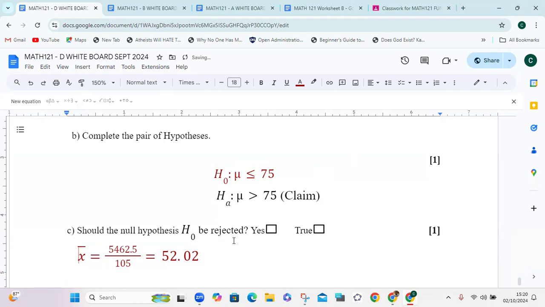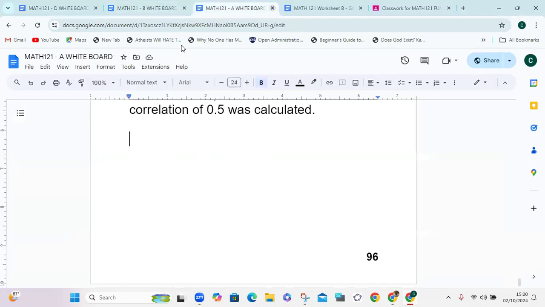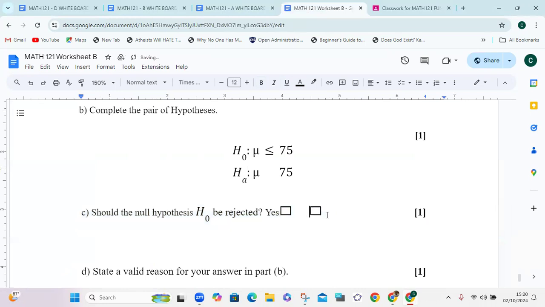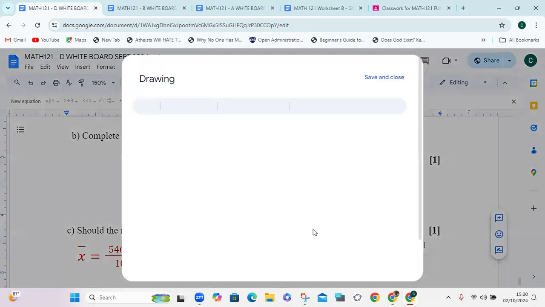Should the null be rejected? Yes or no? That should not be yes or true, yes or no. So let's edit this, a slight error there in worksheet B. So clearly, the null should not be rejected.